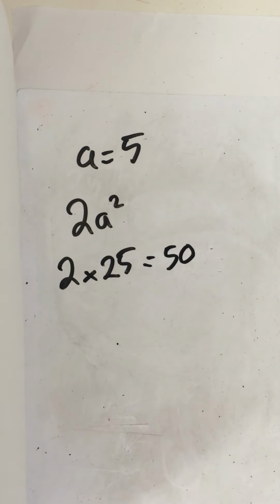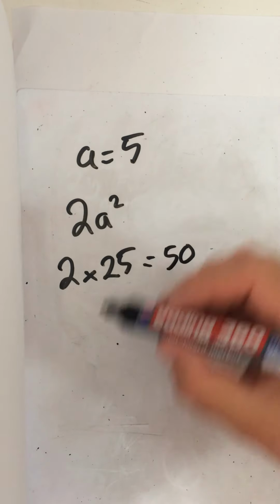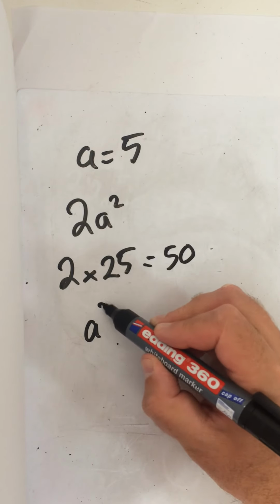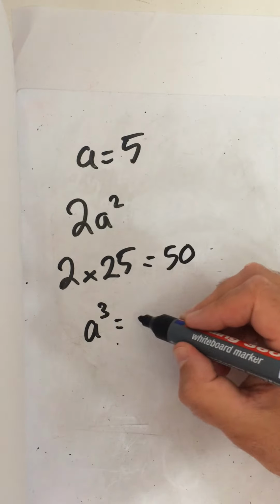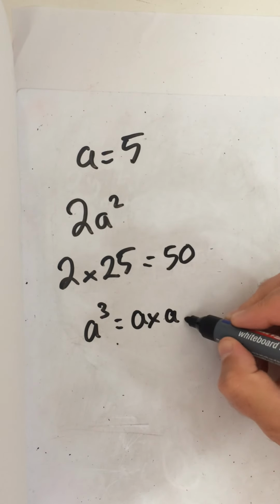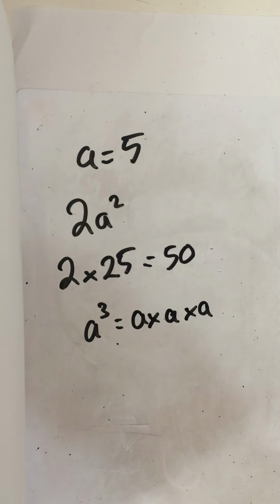Okay. There is one question like that on this worksheet, and actually in the extension there are quite a few. Just very briefly, if you had to say, what would a cubed be? Anyone? Try and work out a cubed. Now a cubed means a times a times a. This is again only on the extension sheet.